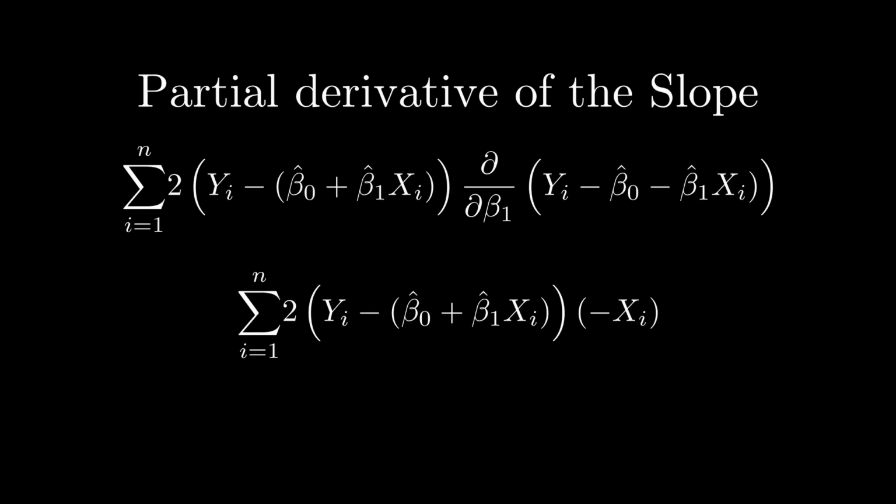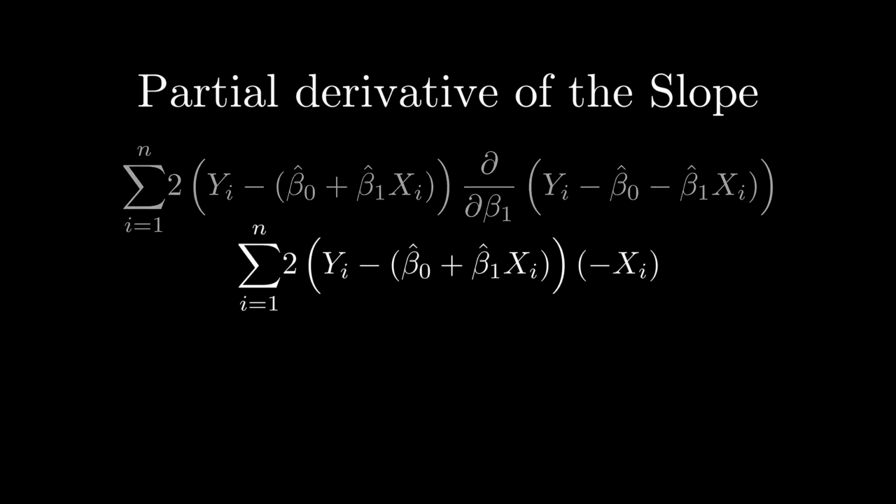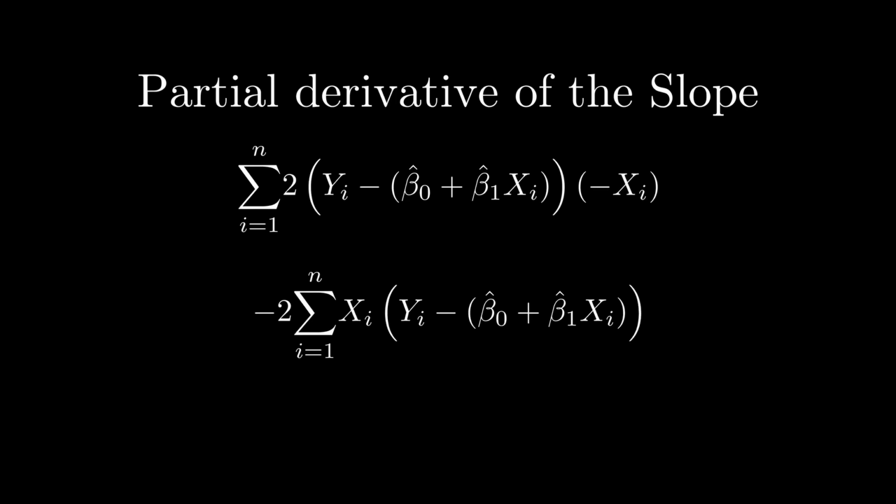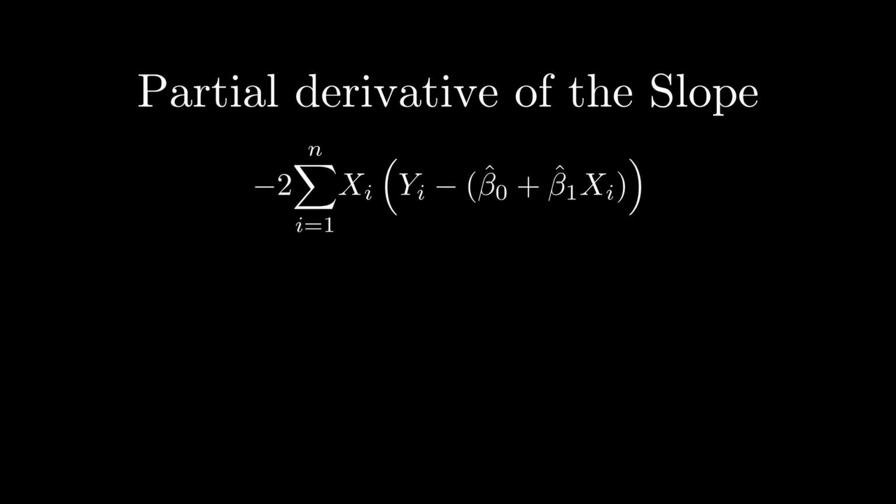The last term's derivative is negative xi. For cleanup, bring the negative 2 outside of the sum. The negative xi can't come along since it depends on i, but we can stick it in front of the other term. That's our derivative we'll use to find the best slope.